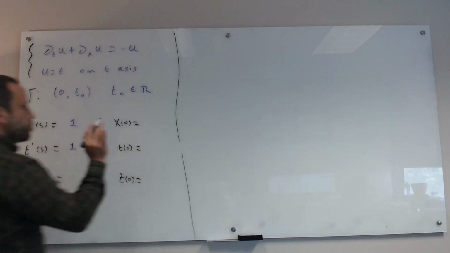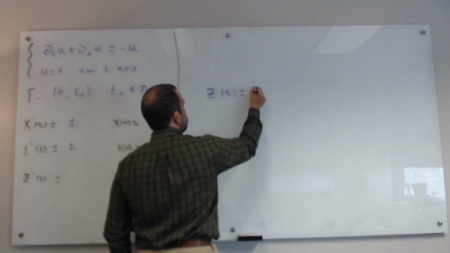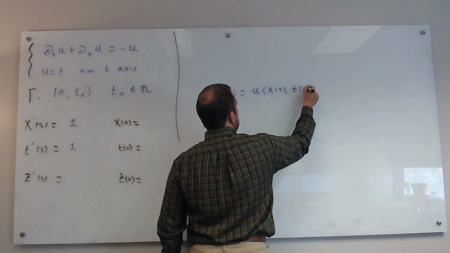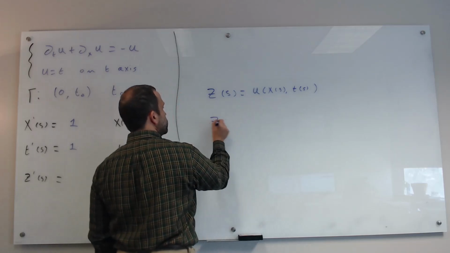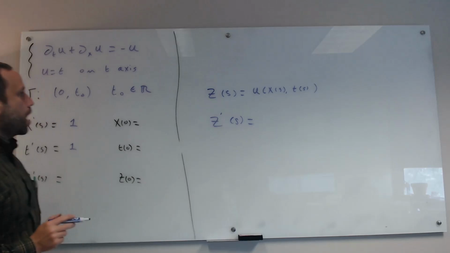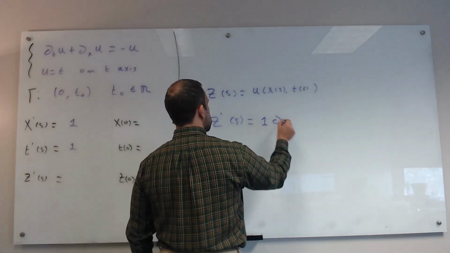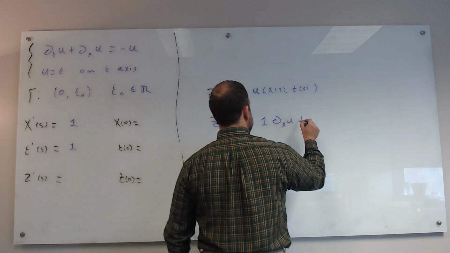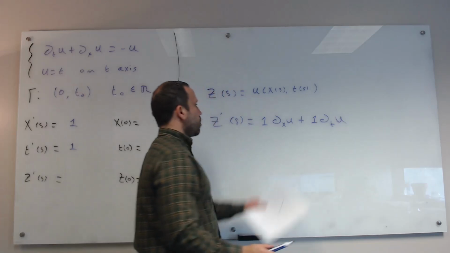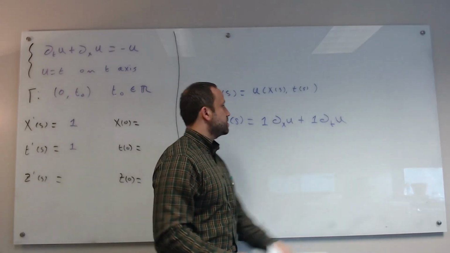But notice, I just want to recall, z of s is defined as u of x of s, t of s, and we saw by the chain rule that z prime of s is going to be x prime, which in this case is 1, times the x derivative of u, plus t prime, which is 1, times the t derivative of u. And this is all u of x of s, t of s.